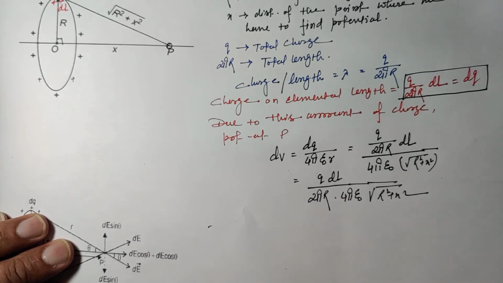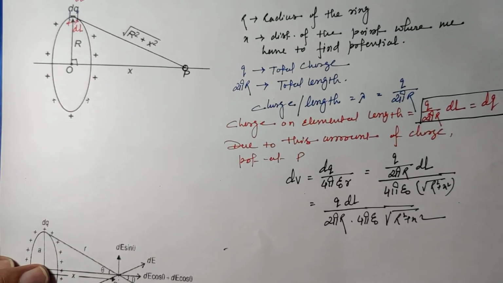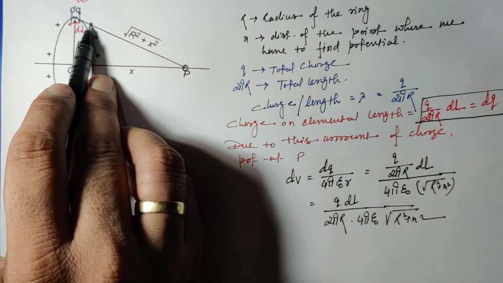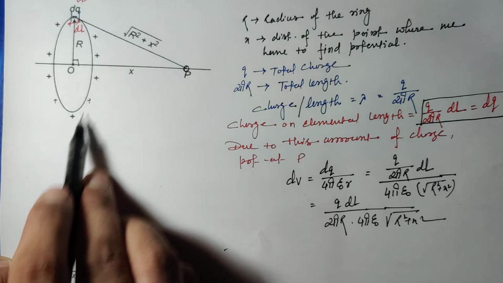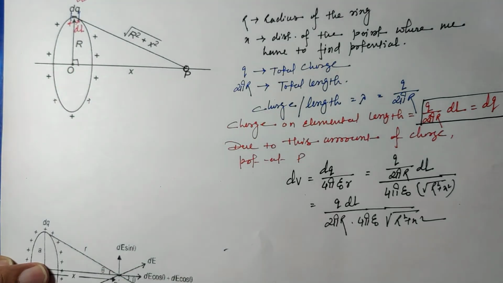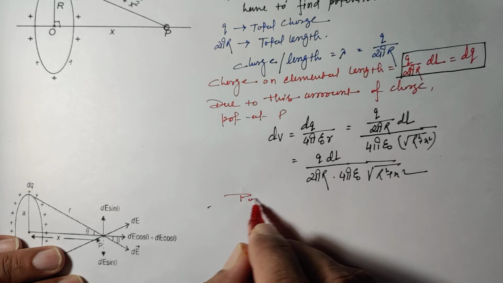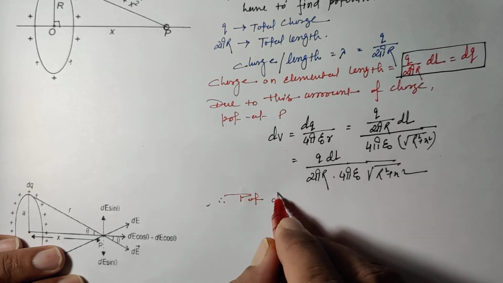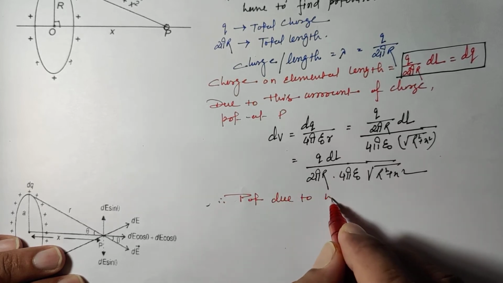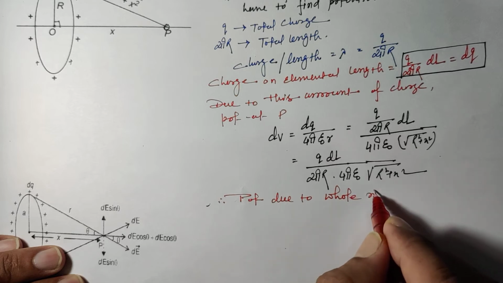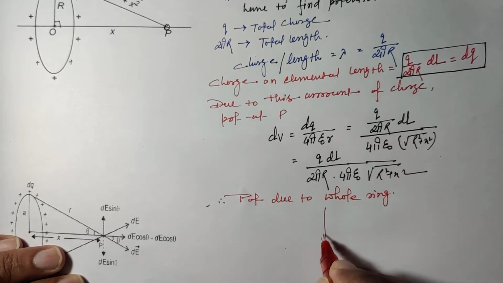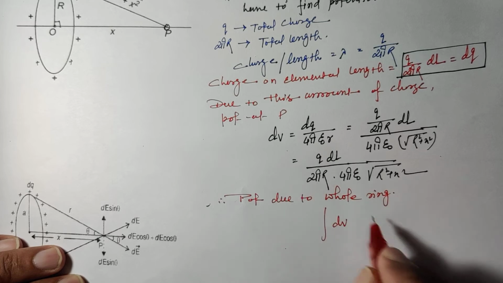But mind this, the potential is only due to this elemental length dl. So the potential due to the whole ring will be obtained by just integrating this expression. Therefore the potential due to the whole ring will be the integration of dV on the left side.